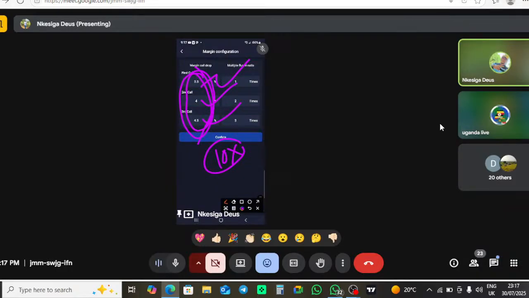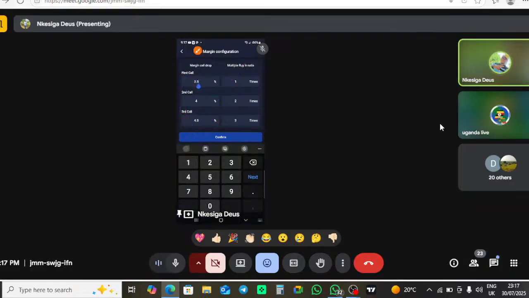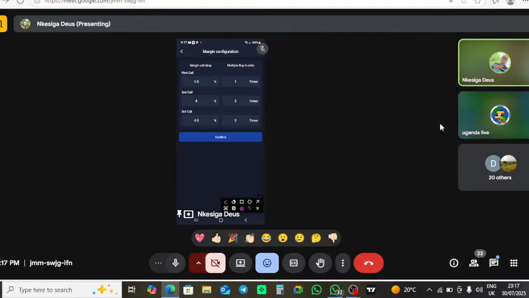So, now, since I have my 10x, it is an example. Me, I normally use 5. So, if my leverage is 10, and I want to buy maybe a total percentage of 50, what I do, I come here, I get the digits.